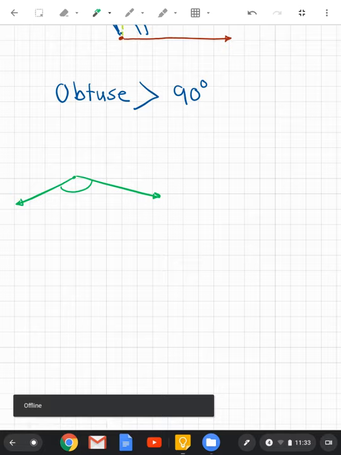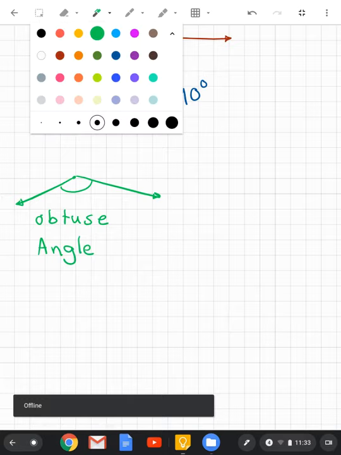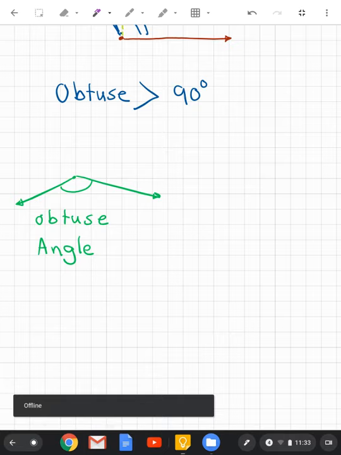From the drawing, you see that this is obtuse angle. Let us draw another angle.